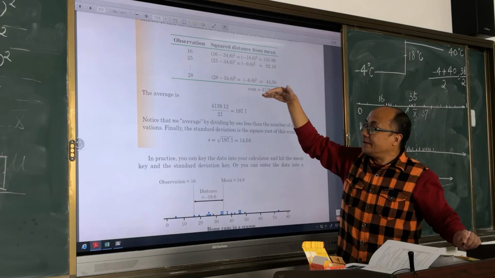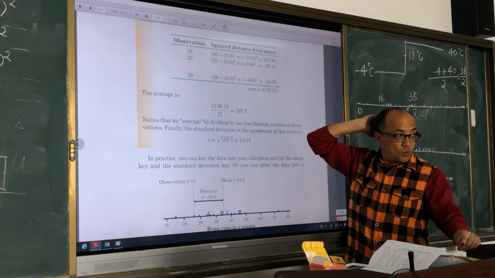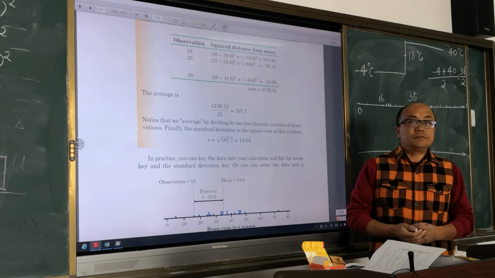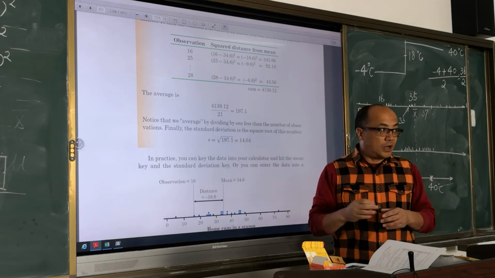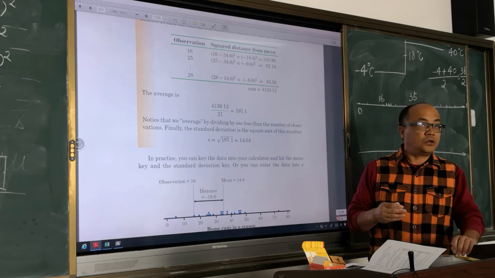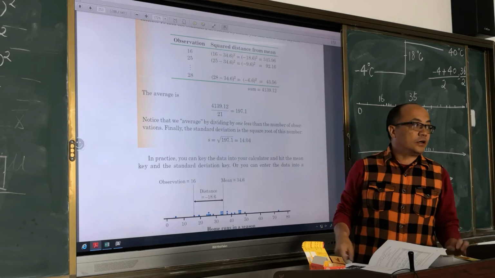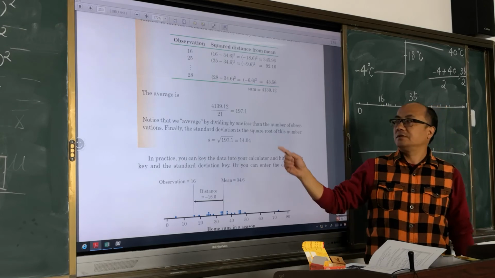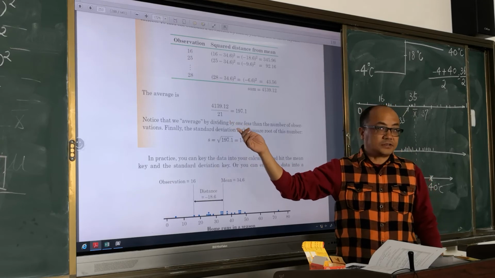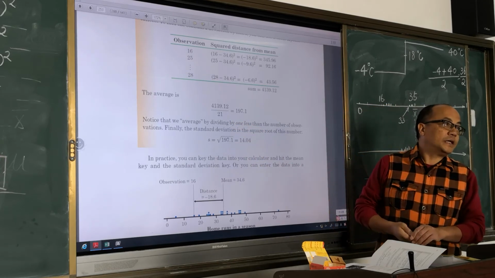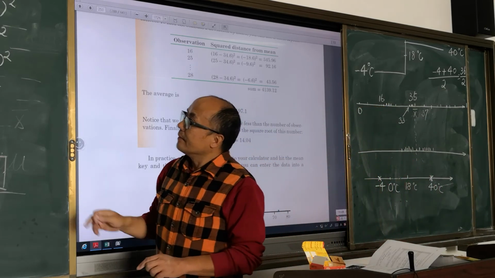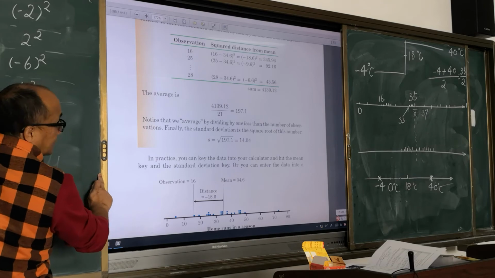Then you divide by the one less, which is 999. When the number is very large, dividing by 1,000 or by 999 does not matter much. The result will be almost the same. This is the variance again.